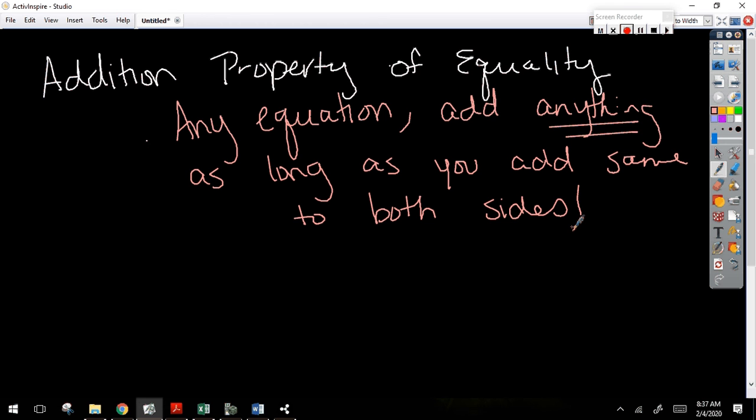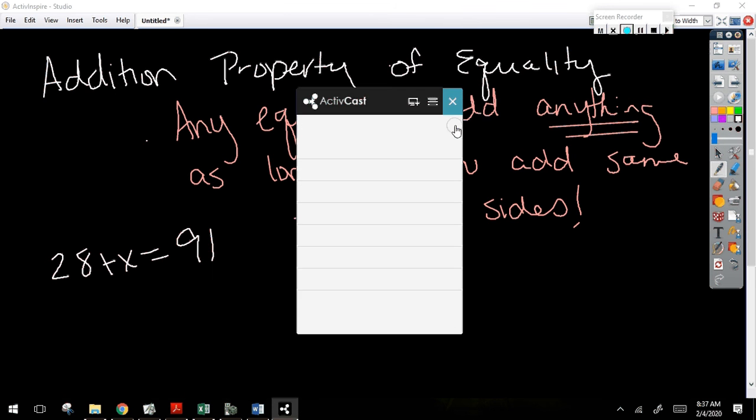Does that make sense to you? Let's say I have that exact same equation I had when I was doing homework just now. It was 28 plus x equals 91. Whatever I want to add to both sides, I can add to both sides.